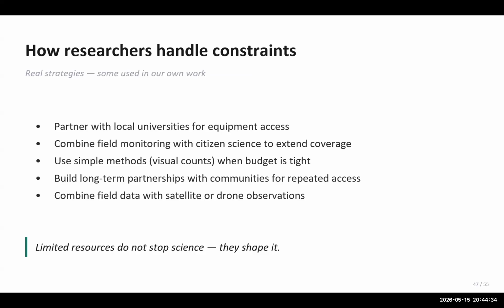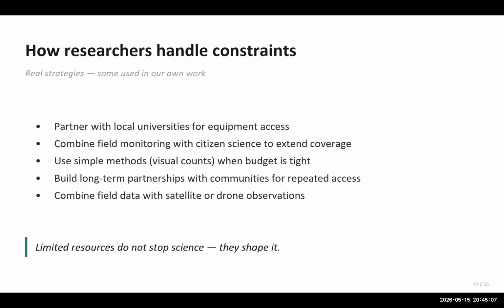Another thing is to combine field monitoring with citizen science to extend the coverage. An example of citizen science is beach cleanup. When NGOs make beach cleanup events, they are also collecting information on the debris they collect from the beach, and all that information could be very useful for researchers.